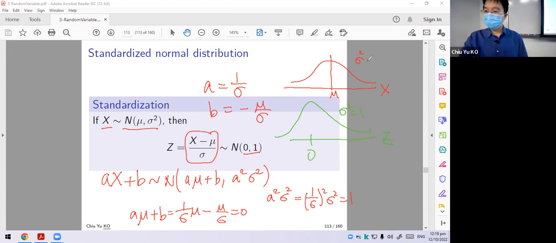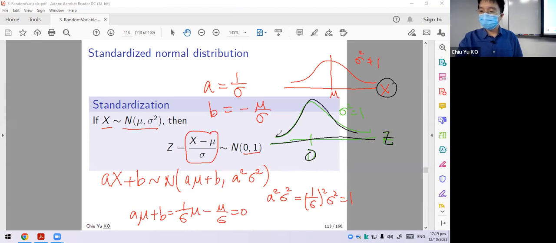In this case it's not equal to 1, but you can always transform this to this. And probably you want to ask why we are doing this: why do we want to transform from X to Z?